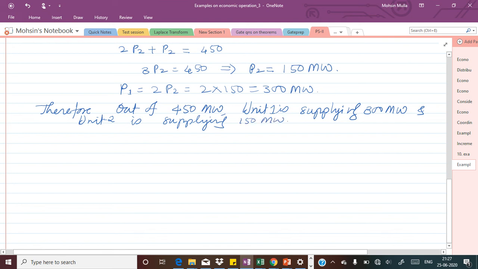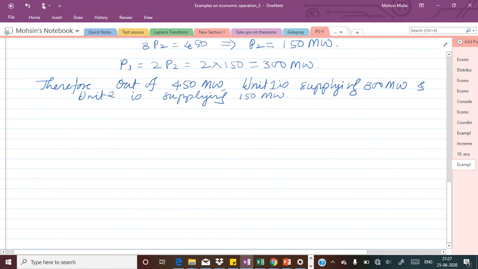Okay, so now let us calculate the next part, that is incremental fuel cost. What is the incremental fuel cost here? We already have the expression for incremental fuel cost, so we just have to obtain it for the particular load value.